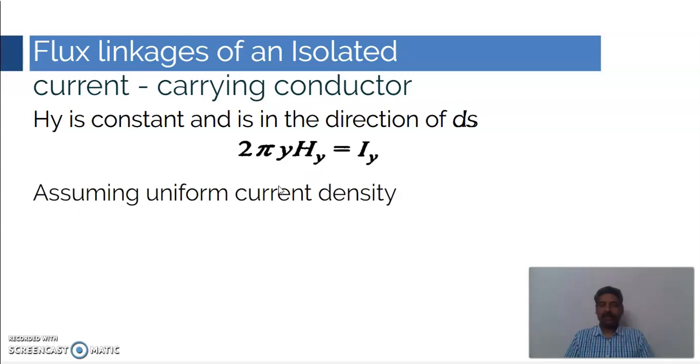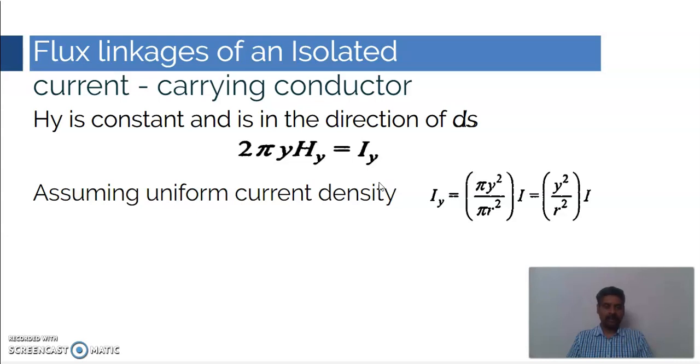From this, assuming uniform current density throughout the conductor, the current density at a particular radius y can be considered as Iy by pi y square. Pi y square is the area, and the current enclosed within that area is Iy. Since you are assuming uniform current density, if you consider the entire conductor, the current density will be I, the current carried by the entire conductor, divided by the total cross sectional area, pi r square.